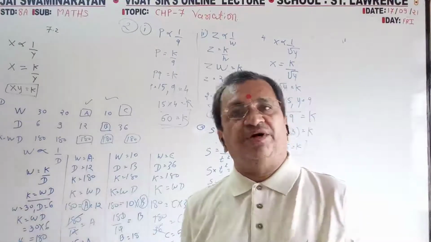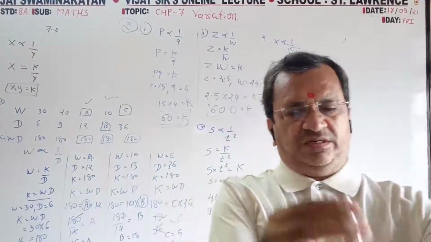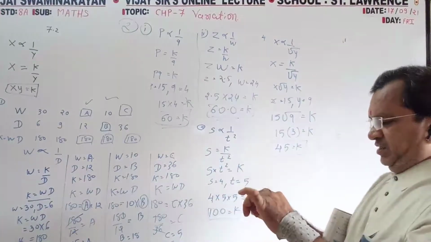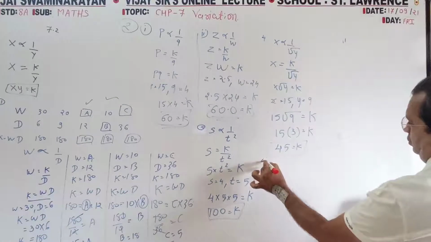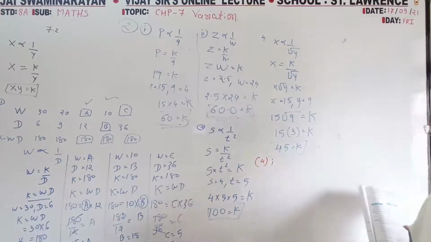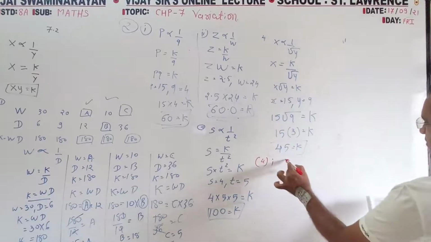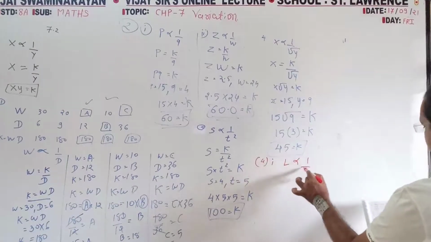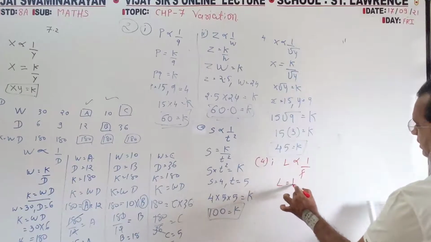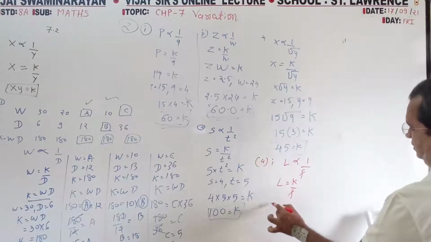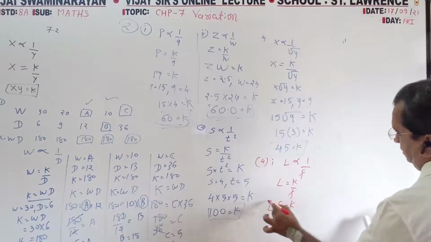Fourth question, very important, you have to make the equation by symbol. Symbols they have given. First, length is inversely proportional to the frequency. So length is k by frequency. Length into frequency is k.